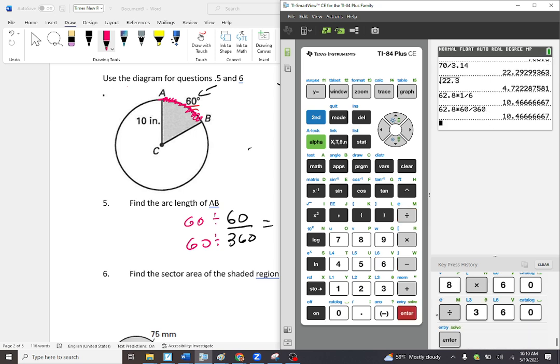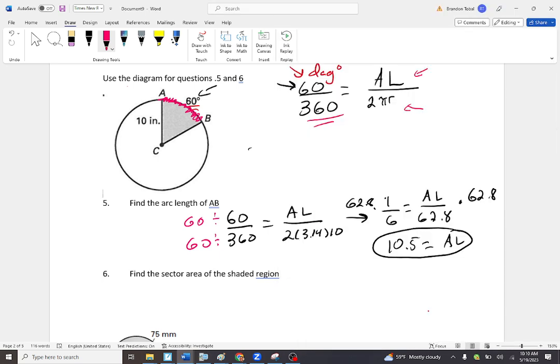So simplifying the fraction is not necessary. You still get the same answer. It helps, but you still get the same answer. And when I type it in here, this is times. So 62.8 times 1 divided by 6. So that's why I put it in that order in my calculator.